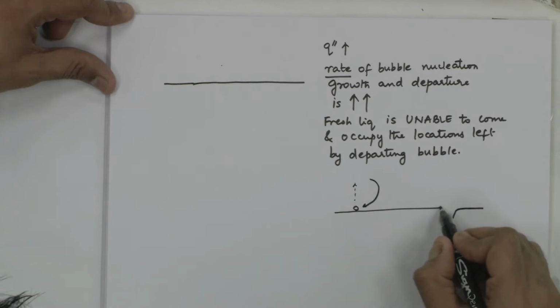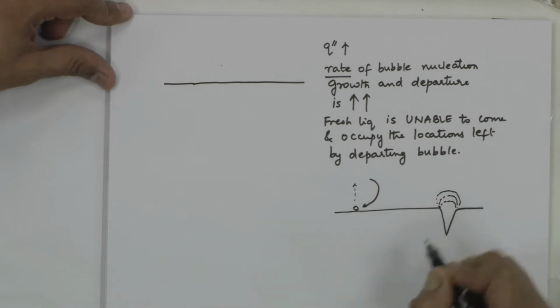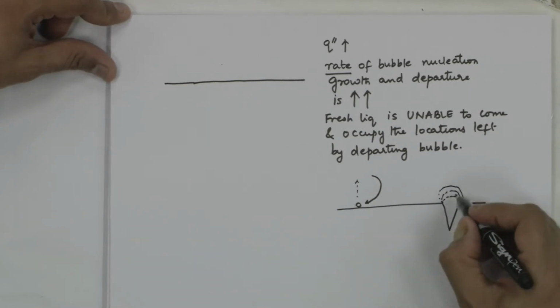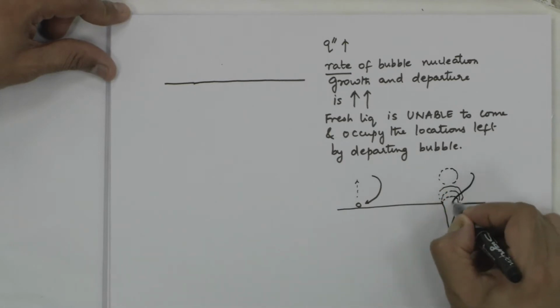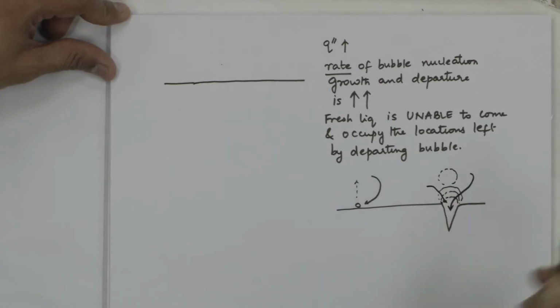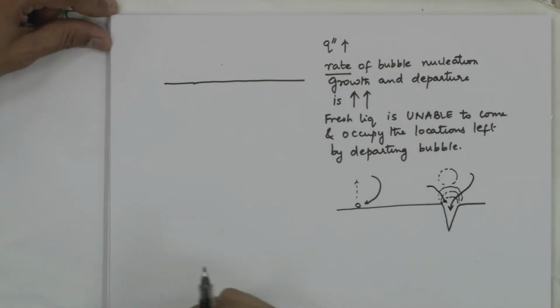So, once the bubble grows like this at a particular instant of time, and when certain force conditions are satisfied, this bubble will basically leave the surface. The fresh liquid will come and occupy. Contact angle becomes important, surface tension forces, buoyancy force, pressure forces, all these things become important. We are not going into the details there.